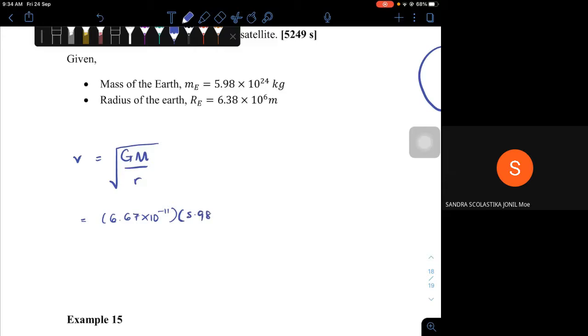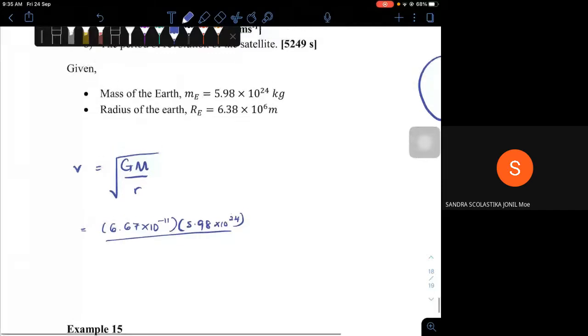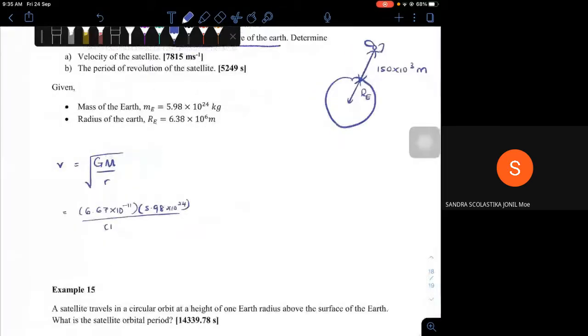So this one 5.98 darab 10 kuasa 24. Remember R is always from the center. Okay. So yang ni ramai orang confuse lah. Dia akan masuk je 150, tapi dia lupa nak tambah radius of the earth. Okay. Sebab R adalah from here to here. Okay. So kena tambah dengan radius of the earth which is 6.38 darab 10 kuasa 6.